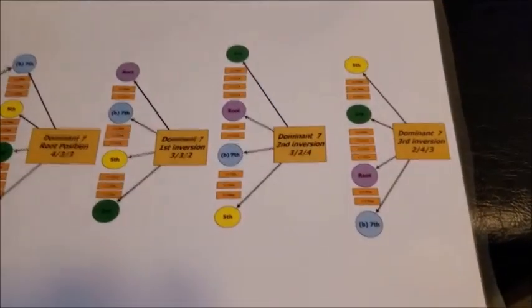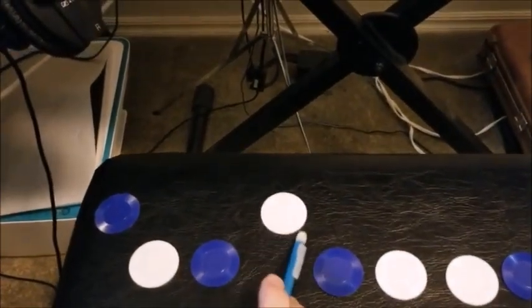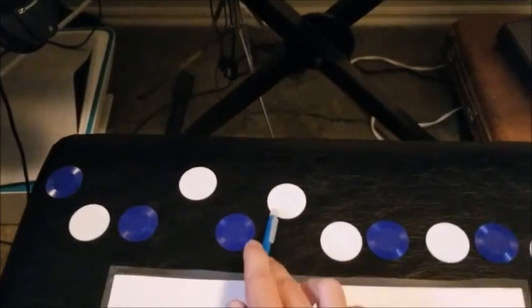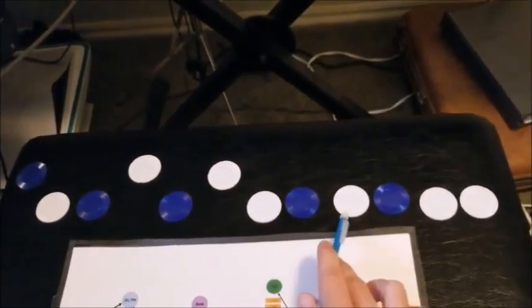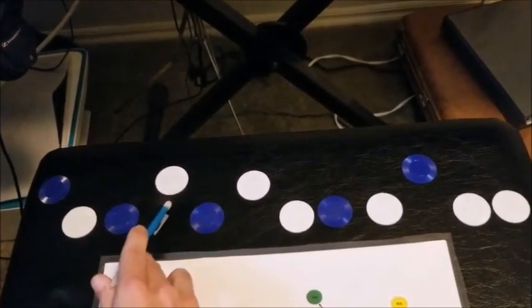Let's do dominant 7, second inversion, 3, 2, 4 position, starting here. 1, 2, 3, 1, 2, and 1, 2, 3, 4, giving us F sharp as the fifth. A is going to be our flat seventh.